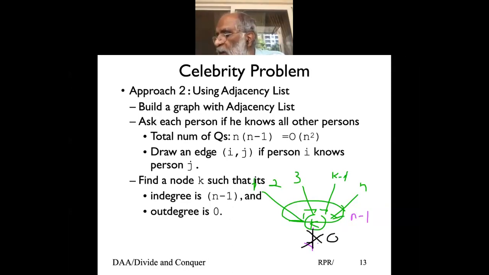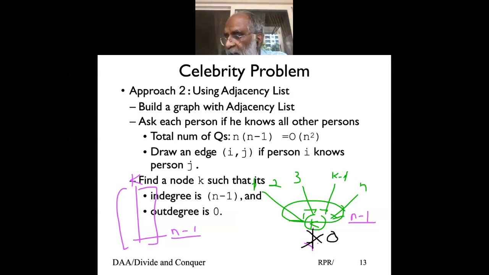I have no outgoing edge, but I have all n minus 1 incoming edges. That means n minus 1 people know me, and person K does not know anybody. In that sense, K becomes the celebrity. Using the adjacency matrix, we say if the sum of column K is n minus 1, and for the kth row the sum of the row is 0, then K is the celebrity. In the adjacency list case, we build a directed graph.